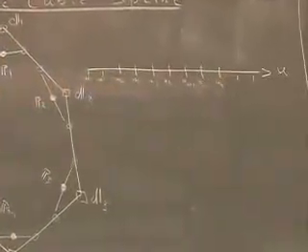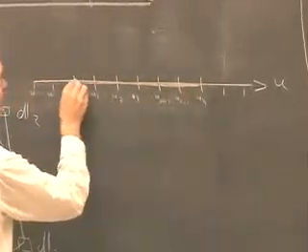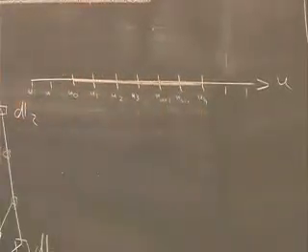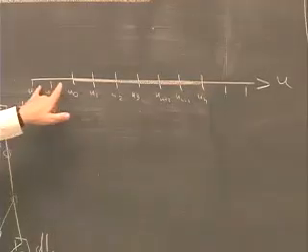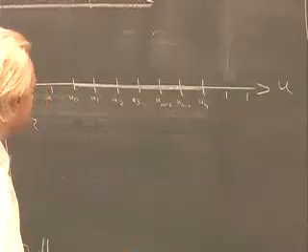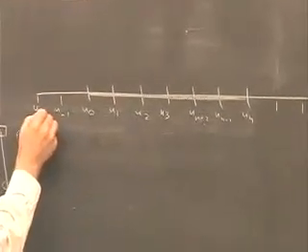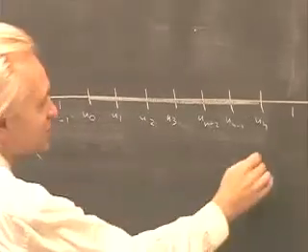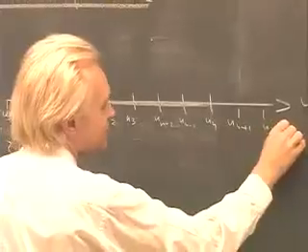Okay, so we have 6 intervals here, so I make these intervals bold. And these 6 intervals will later on correspond to 6 segments. And then we have 2 additional ones to the left and 2 additional ones to the right. So if this is U0, this must be U minus 1, and this is U minus 2. And this would be Un plus 1, and this is Un plus 2.